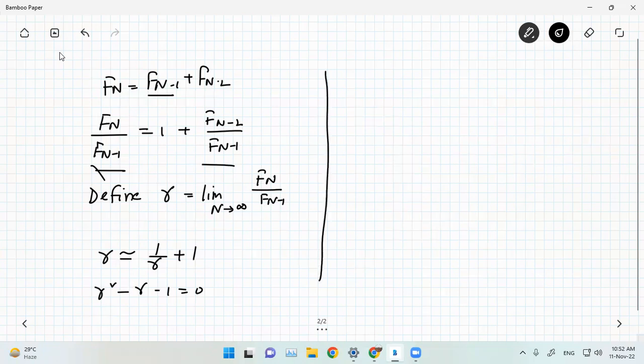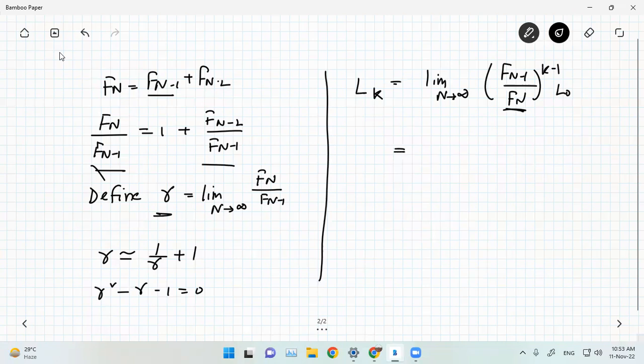Now, based on the formula we have figured out for the interval of uncertainty of the kth iteration, which was limit n tends to infinity of Fn minus 1 by Fn to the power k minus 1 L0. Since the ratio is gamma, this is actually 1 by gamma, including the limit as well.